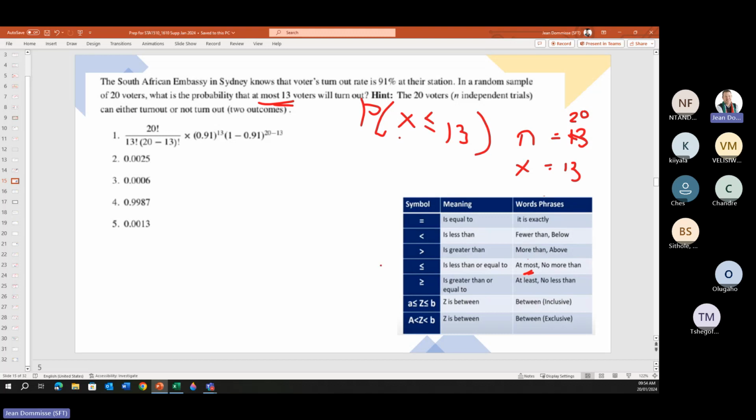Okay, so now I think this one is actually wrong. At most 13, so you now need to go and check from your binomial probability table, what is the probability of X smaller or equal to 13?